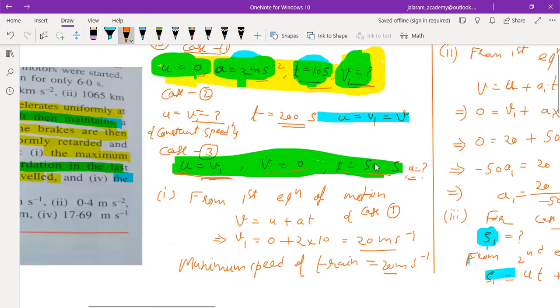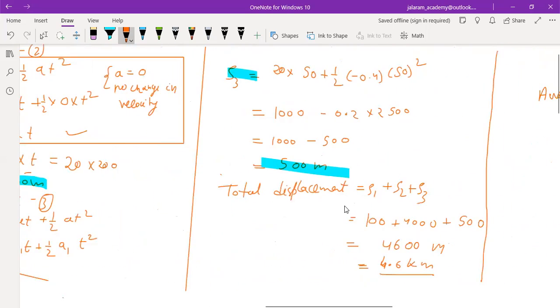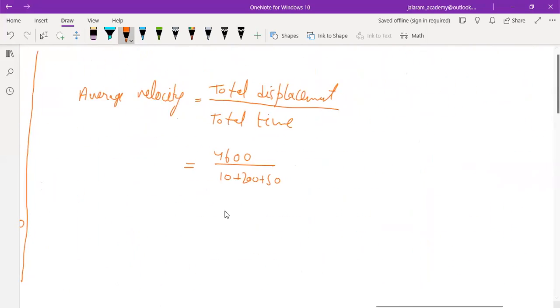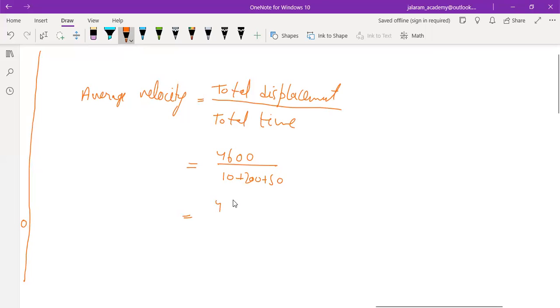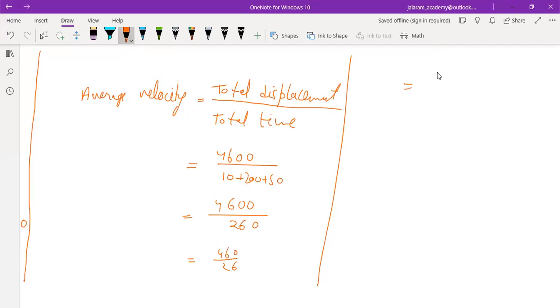You can look at the three cases. First time is 10 seconds, second time is 200, third time is 50. So it is 260 in all. But don't write it directly without calculating. 460 by 26, and if we change it to lowest terms, 230 upon 13. 13 ones are 13, 13 sevens are 91, 13 sixes are 78, 120, 17.69.